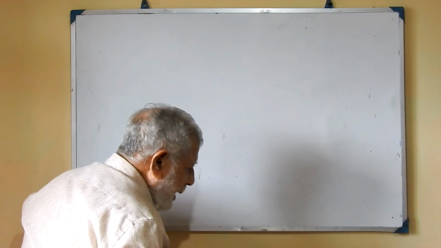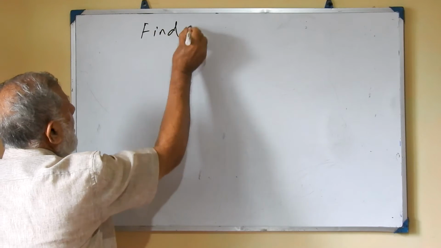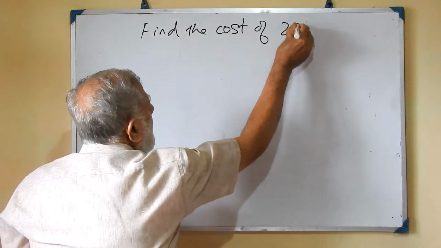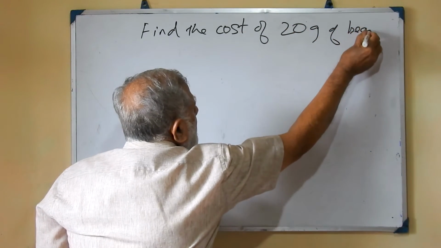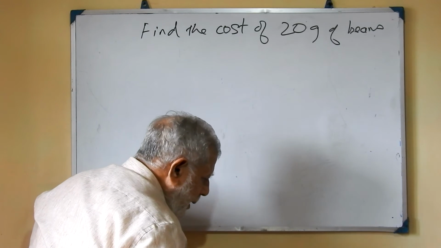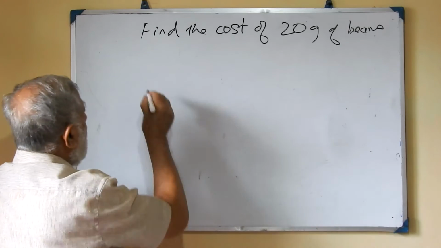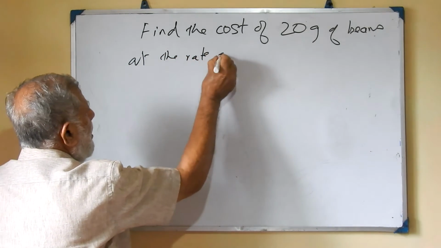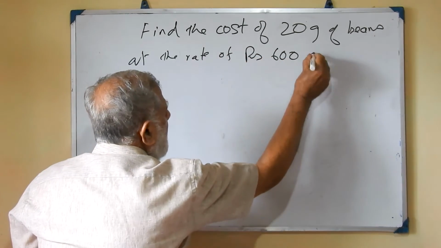Find the cost of 20 grams of beans at the rate of rupees 600 per kilogram.